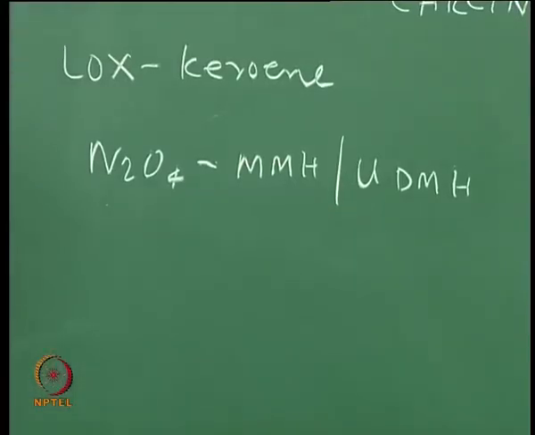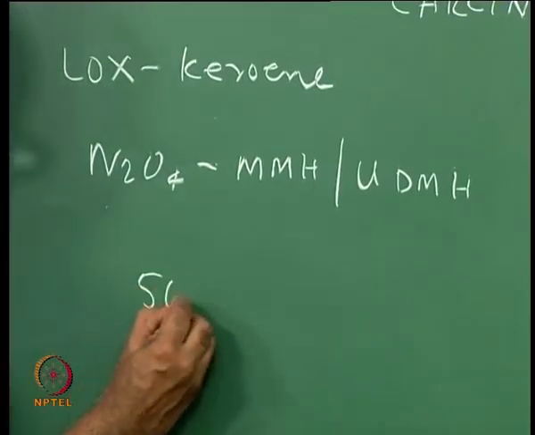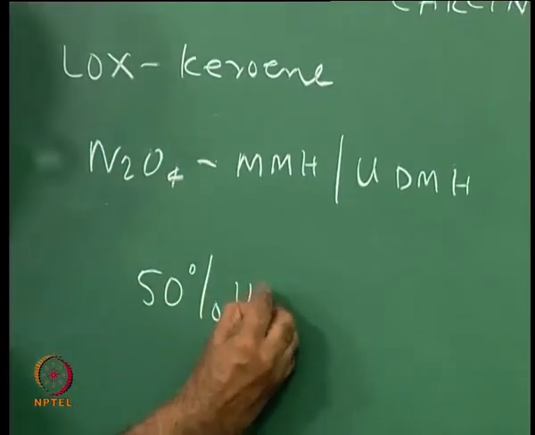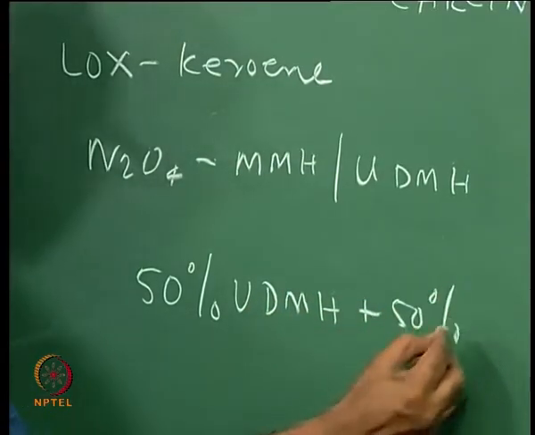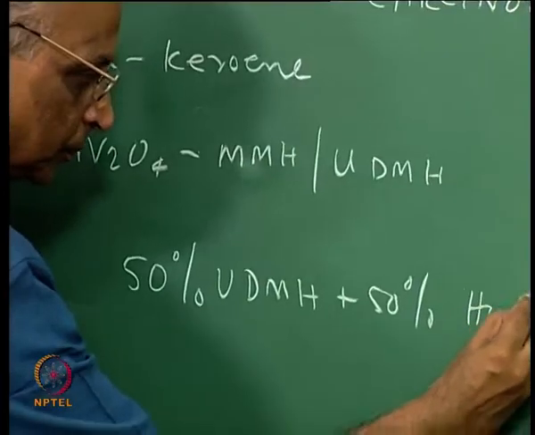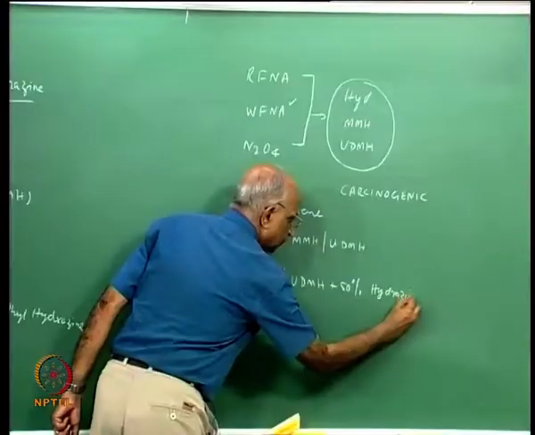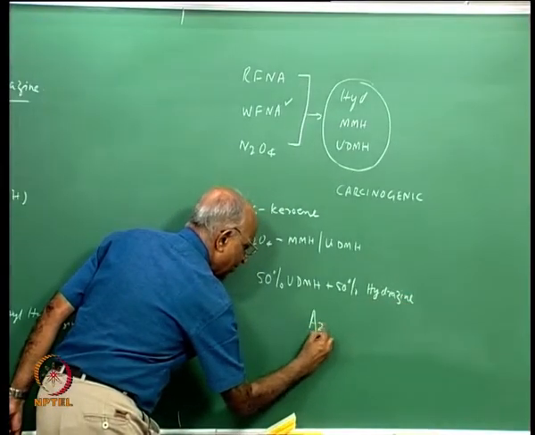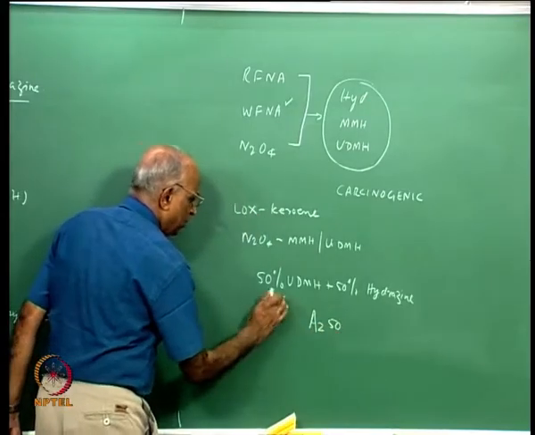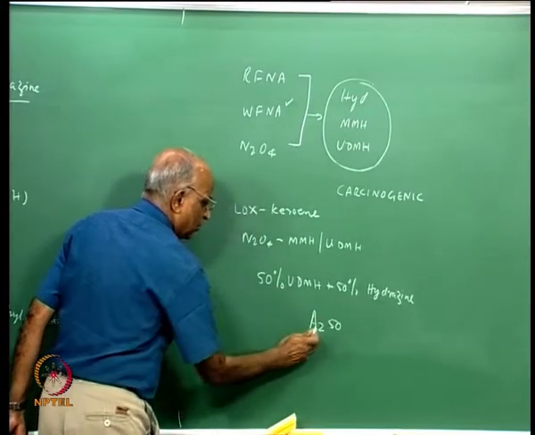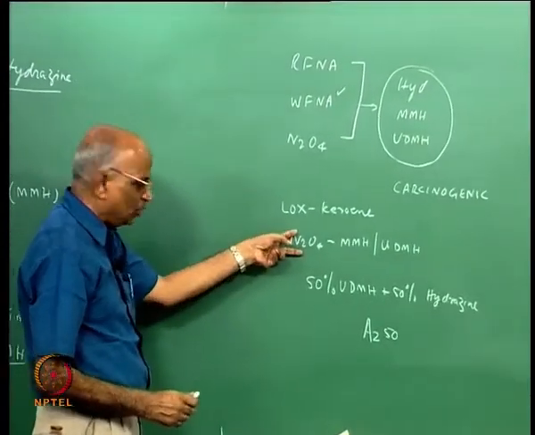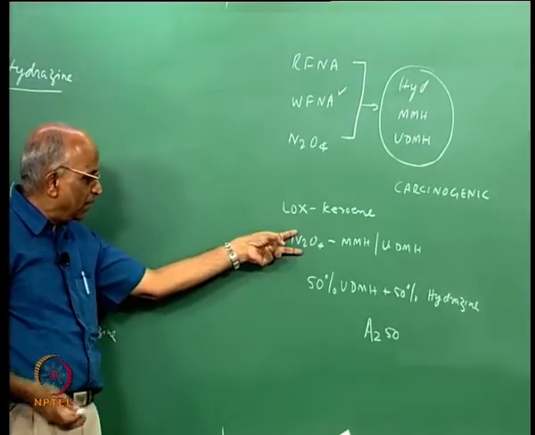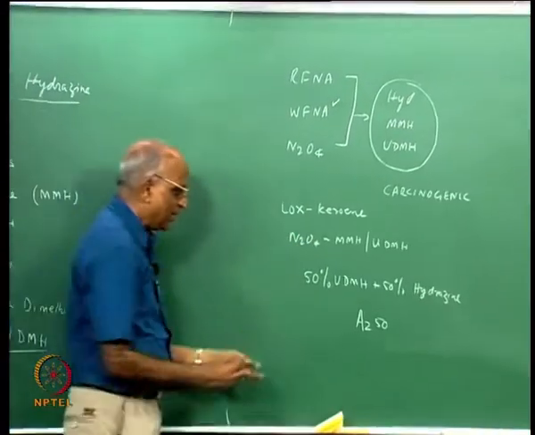There is also one last fuel which we call a mixture of 50% UDMH plus 50% hydrazine. This is known as AZ50. That means 50% of this and 50% of this, known as AZ50, which is also used with N2O4. This was used in some of the rockets developed in the US, and therefore this is known as Aerozine 50.